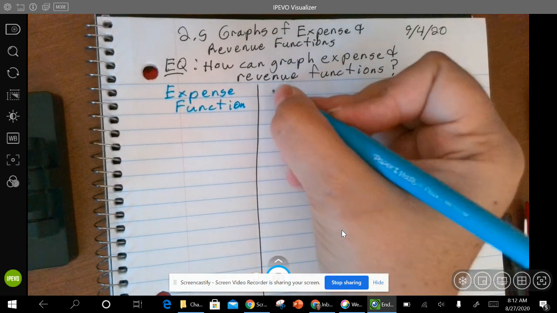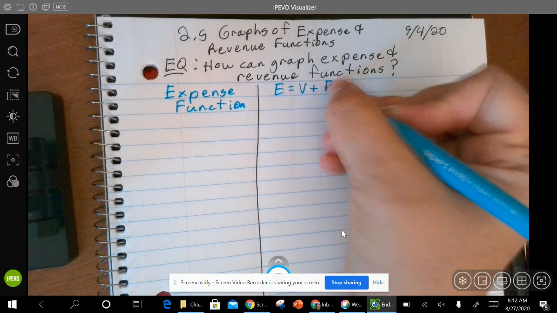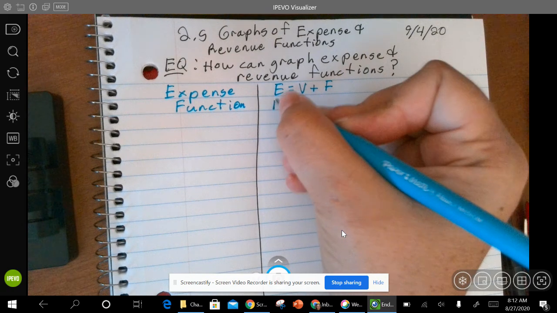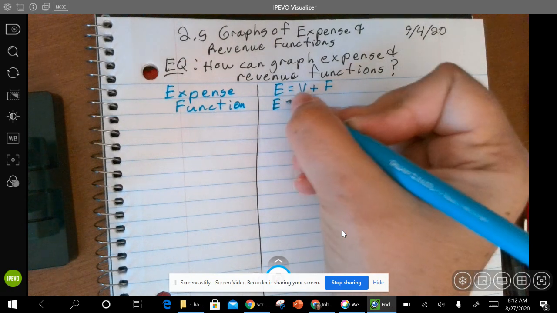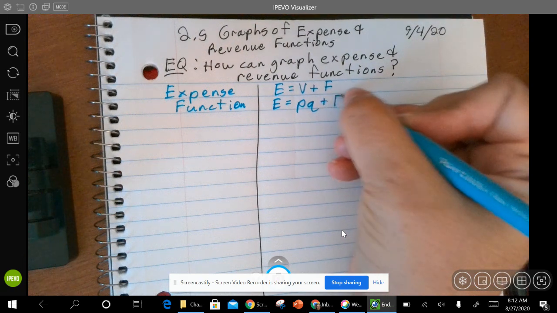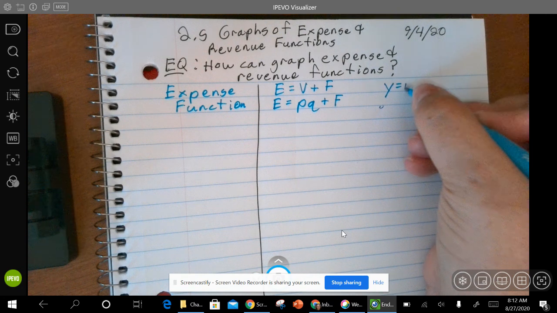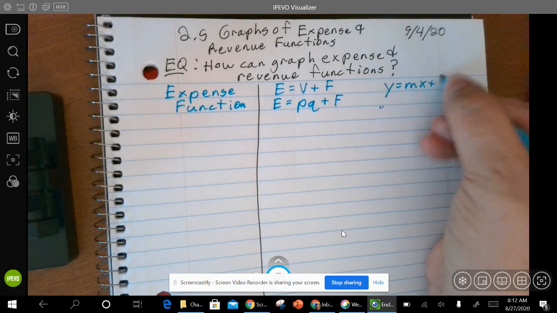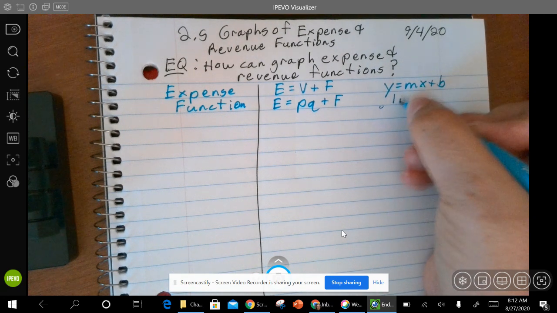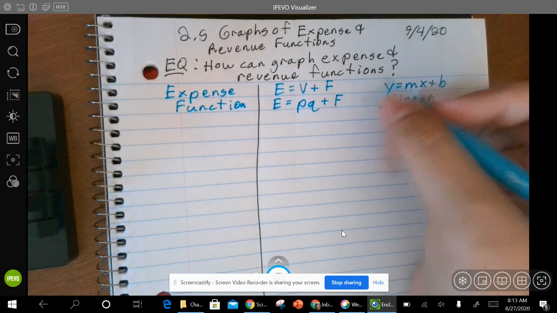Remember that expense is equal to the variable cost plus the fixed cost, and also expense is equal to the cost to produce times the quantity plus the fixed cost. It is linear, so it is y equals mx plus b. So it is a linear function, a line.